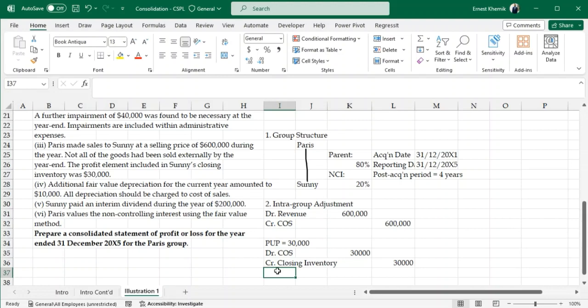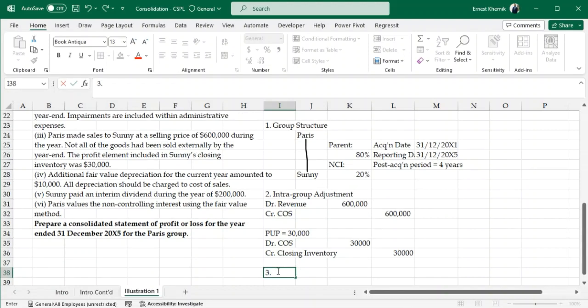And then our third, let me actually bring this down. So our third working is going to be the fair value adjustment, which is note 4. Additional fair value depreciation for the current year amounted to 10,000. So we are talking about additional depreciation.